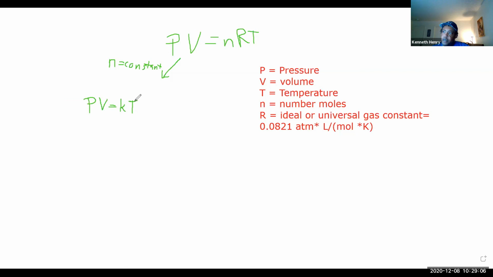So we're setting this up so it'll all be one constant. So in this case, you have PV over T equals K.